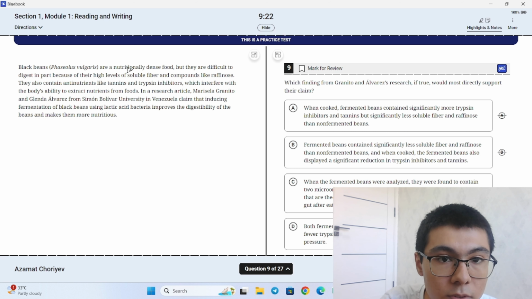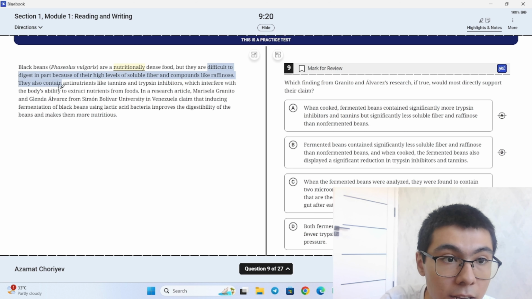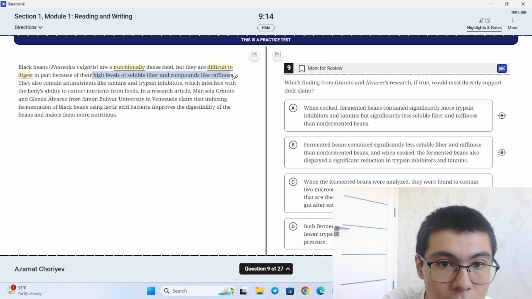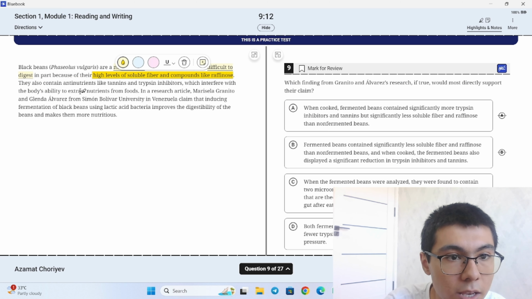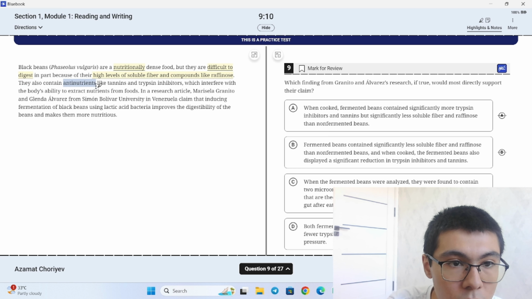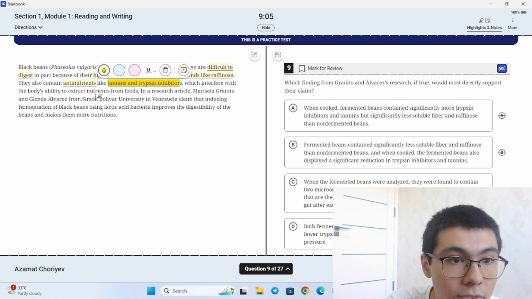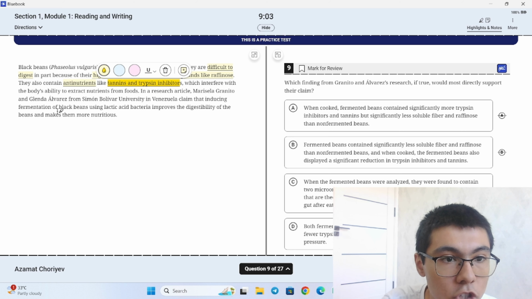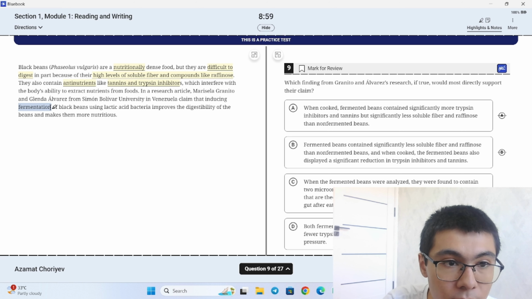Okay. They're naturally dense foods, but they're difficult to digest. I'm highlighting the most important parts. High levels of soluble fiber in compounds. They contain anti-nutrients like tannins, which interfere with the body, in the research. When there was fermentation, it improves digestibility and makes them more nutritious.